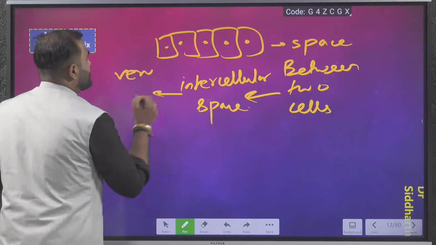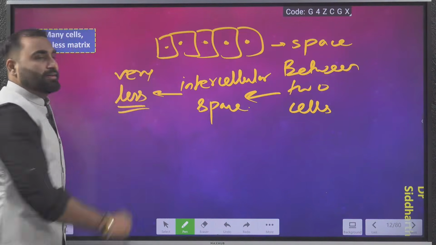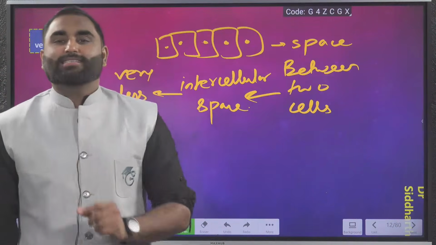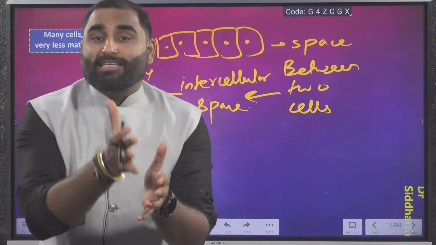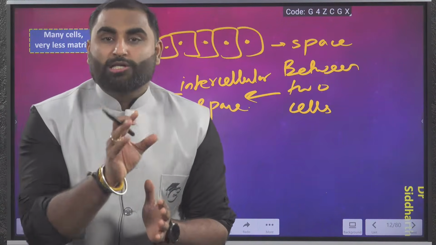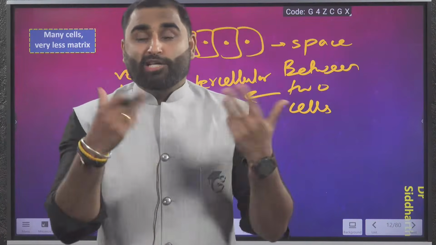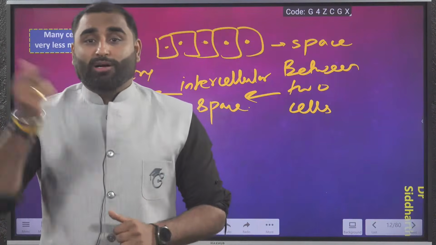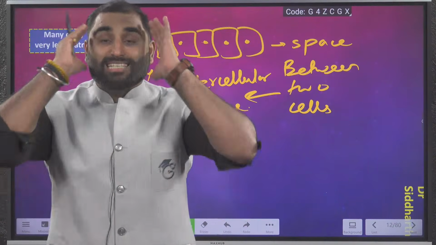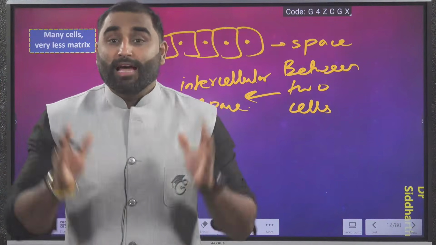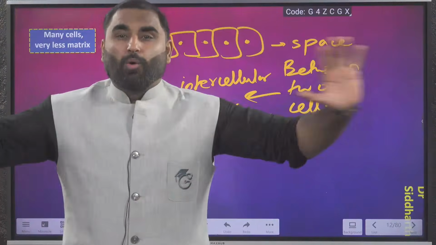And since it is very less, the substance present between two cells also will be very less. Now, many students are asking, sir, what is matrix? What is intercellular substance? Let me clear this. Imagine a red brick wall.